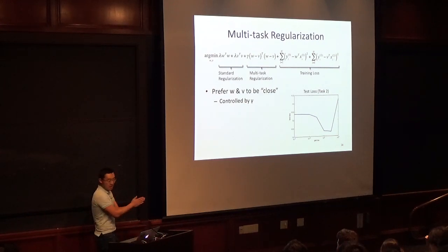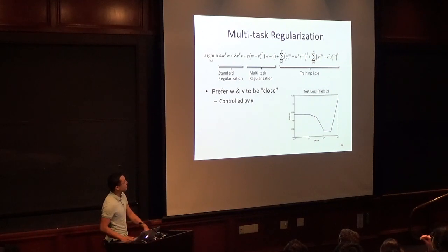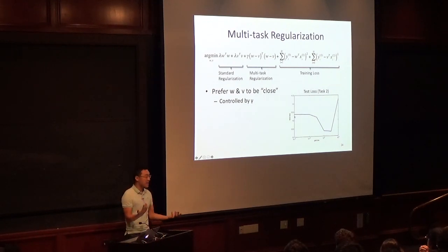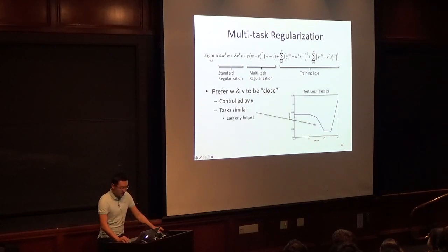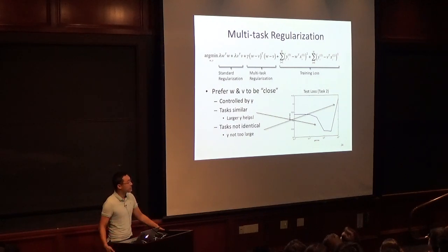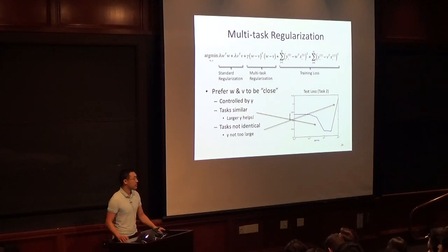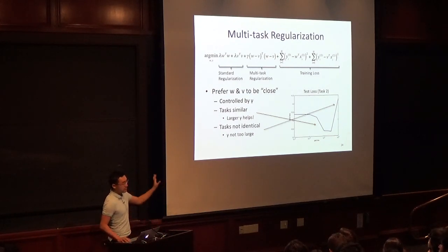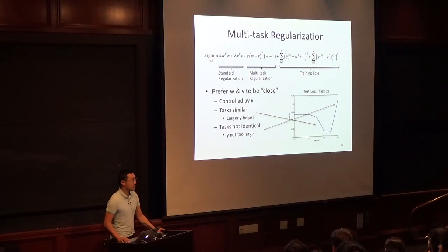As gamma gets really big, I actually suffer higher test loss because the two tasks are not exactly the same. So this is an instance of multitask regularization. You can construct different regularization schemes to fit the needs of your learning task as it gets more and more complicated, although this type of stuff is largely outside the scope of this class.